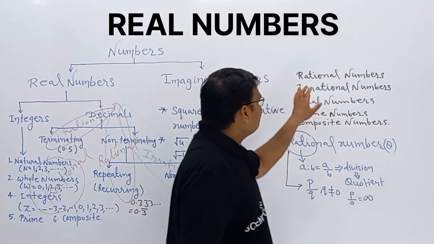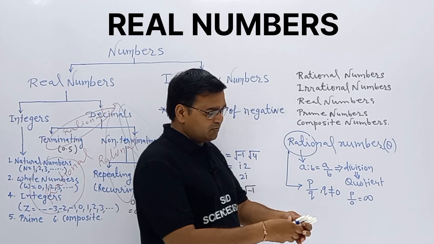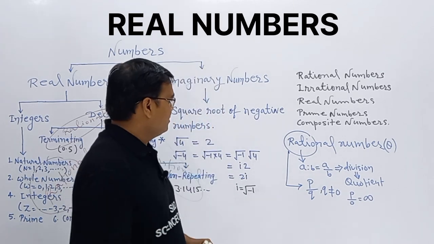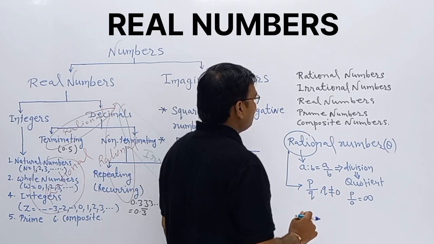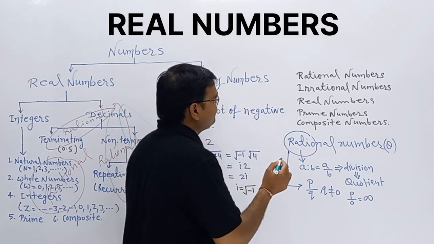Now, in the irrational numbers, first I am writing some examples. What are the examples of rational numbers?